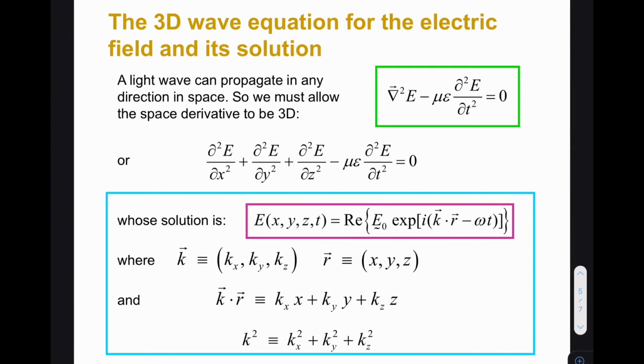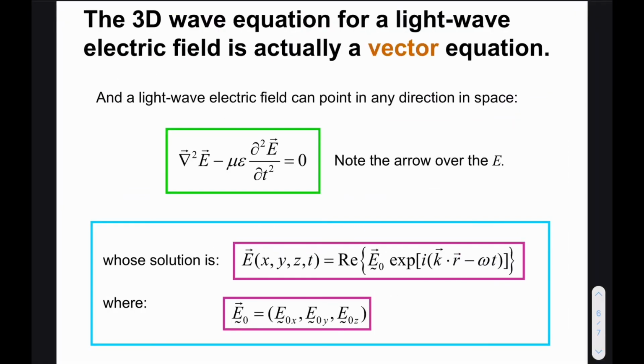Now, one thing about this notation is that here we have taken out the initial phase, which we would have called theta, inside this amplitude, which made this amplitude complex. But the electric field of light wave can point in any direction in space.